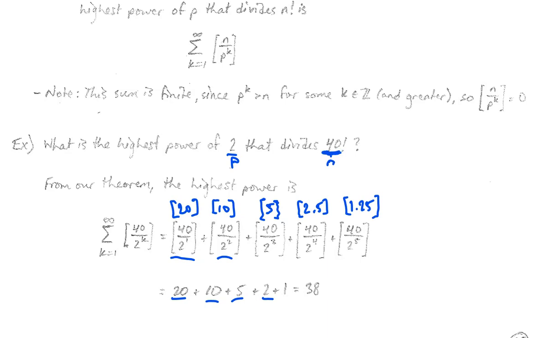In the practice problems associated with this video, you'll get the opportunity to do more practice with these, but it's nothing really too complicated. It's really just straightforward use of this formula right here.